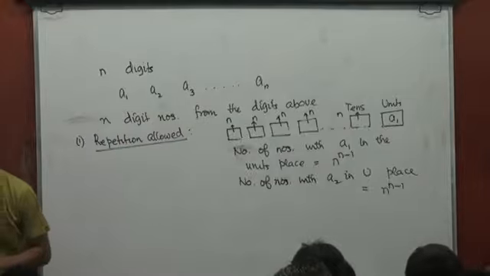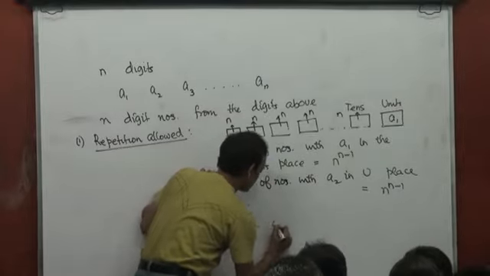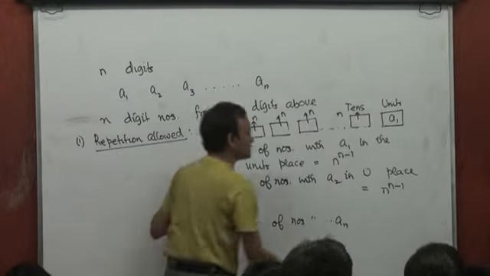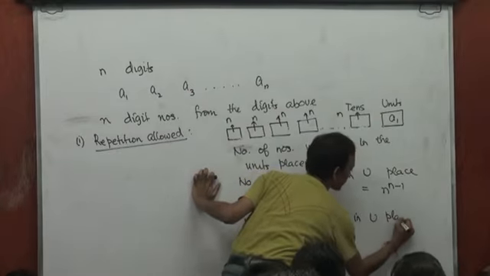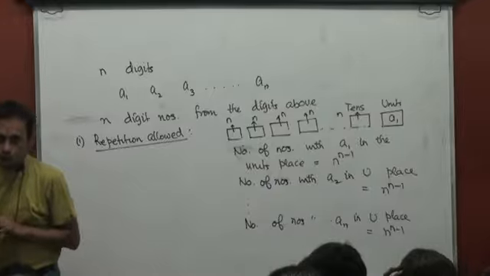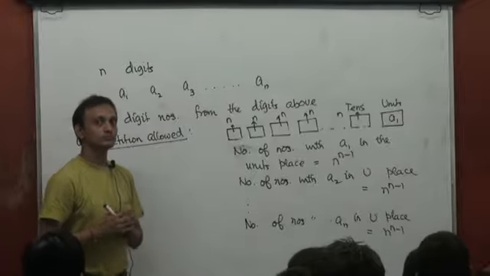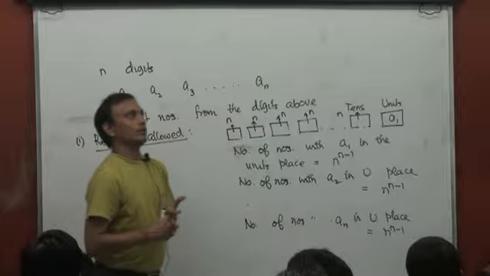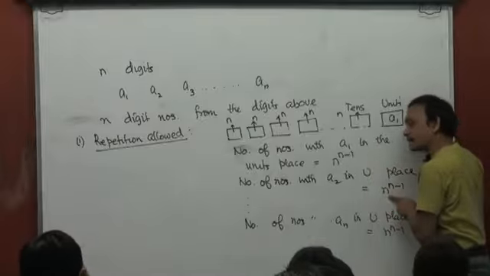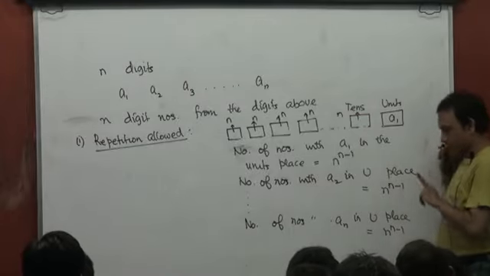The number of numbers with An in the units place is also n to the power n minus 1, yes or no? So with A1 in the units place, I have these many numbers. With A2 in the units place, I have these many numbers. With An in the units place, I have these many numbers.